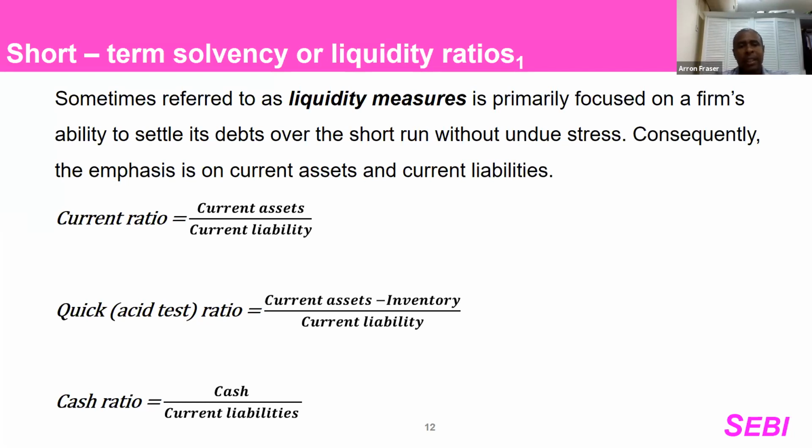In a general sense, you would want, in every case, to be able to cover your current liabilities, right? There are some exceptions. For example, there are some companies that go on just-in-time inventory methodologies or approaches.